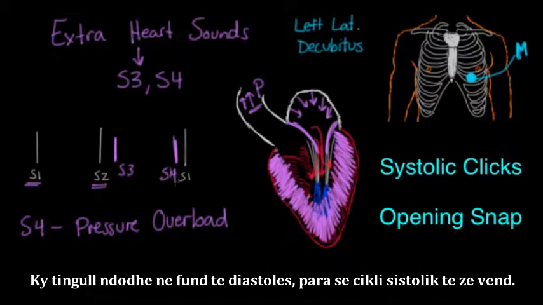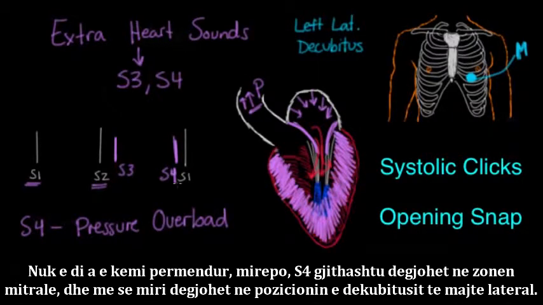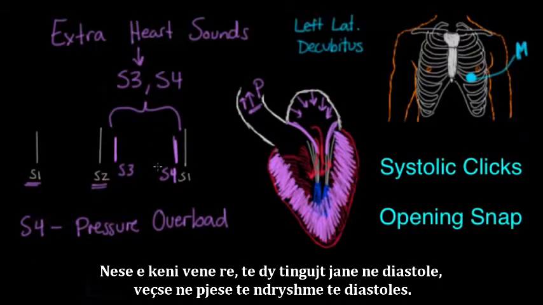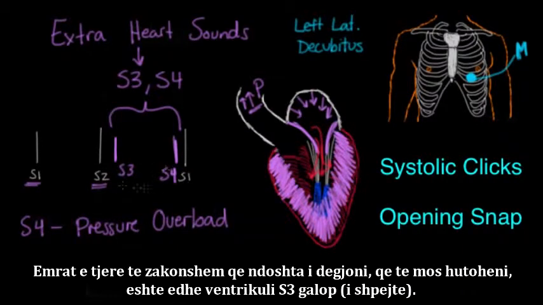This sound occurs at the end of diastole, just before the next cycle of systole is going to take place. And I'm not sure if we mentioned this, but S4 is also heard in the mitral area and best heard in the left lateral decubitus position. If you'll notice, both of these sounds are in diastole, just different parts of diastole. Other common names that I should tell you so that when you hear them you're not confused: people call S3 a ventricular gallop.